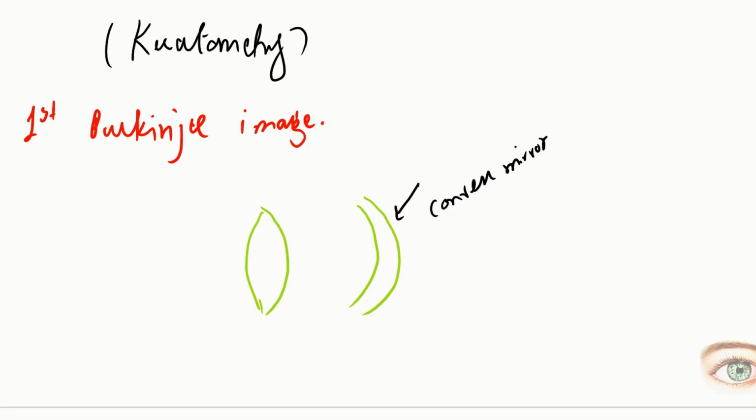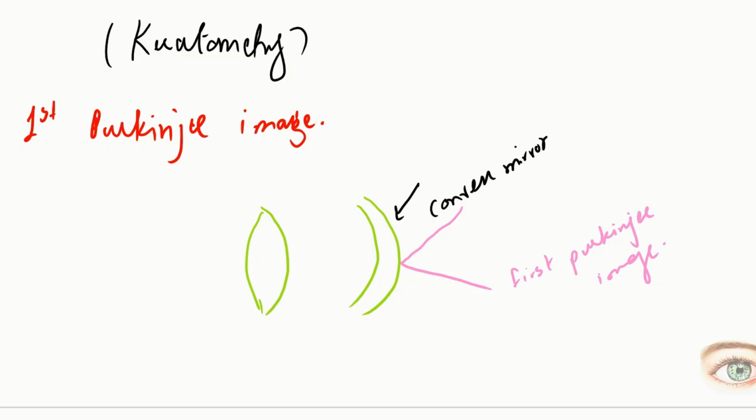It does refract light, but some of the light is also reflected back, which makes the first Purkinje image. Now, because the convex mirror makes a virtual and erect image, it is going to present as virtual and erect.